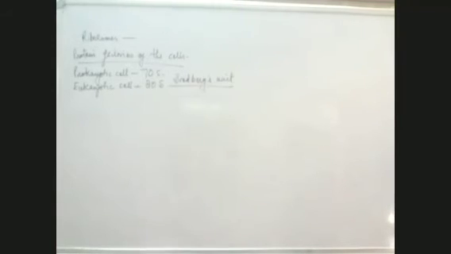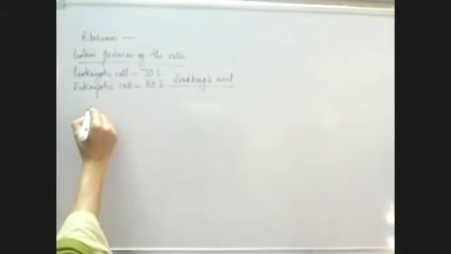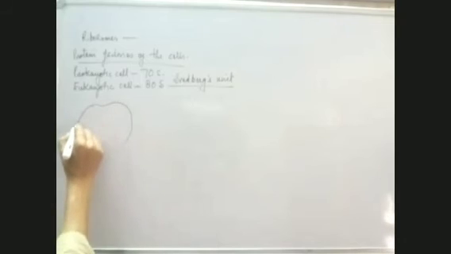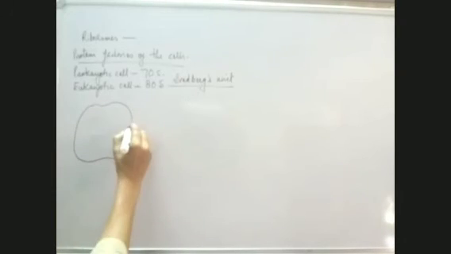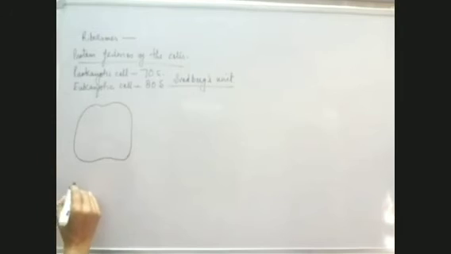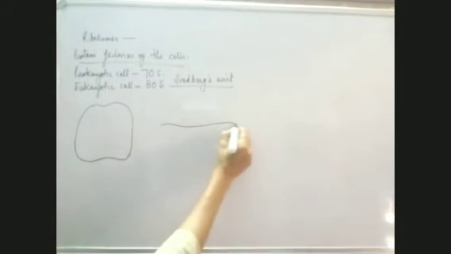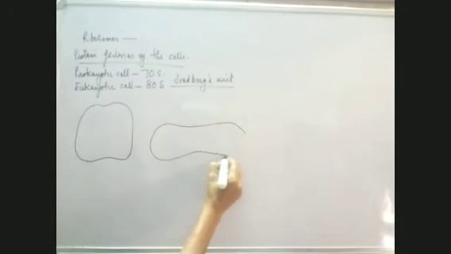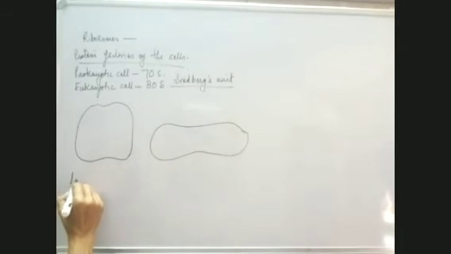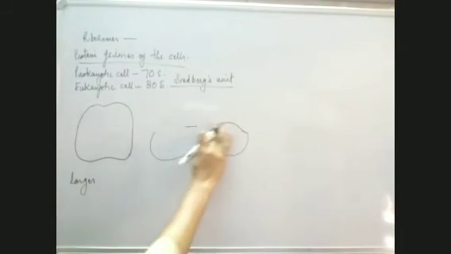These ribosomes are present in the cytoplasm because the process of translation takes place in the cytoplasm. These ribosomes are present in the form of two subunits, one larger subunit and another smaller subunit. This is larger. I'll make the other a little smaller.